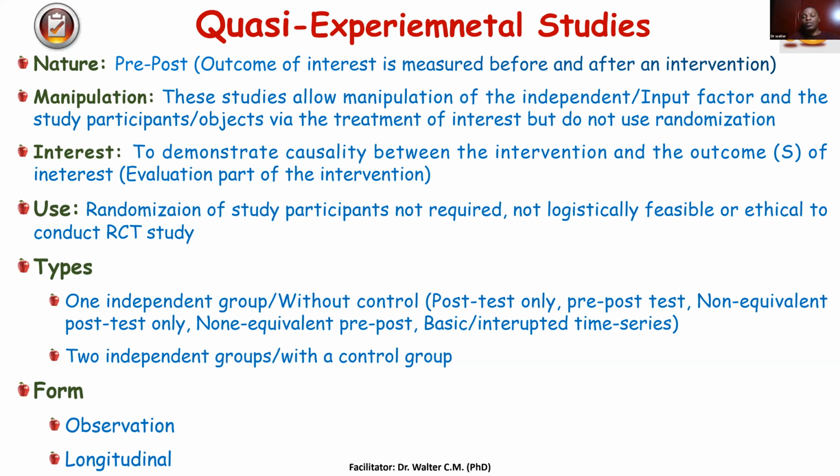The process of training people means that you are manipulating them. All of this aims at bringing out the causal effect, that the package produces this outcome of interest. That is the target, the interest of the intervention.